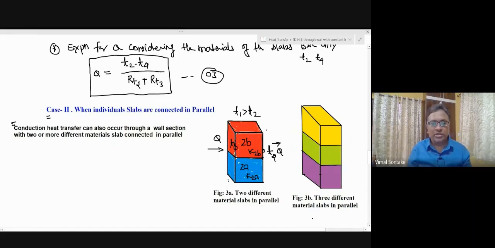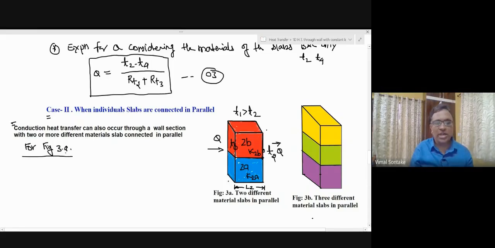And the thickness of this single wall, made up of two different materials, is L2. So let us do the analysis for such a case.